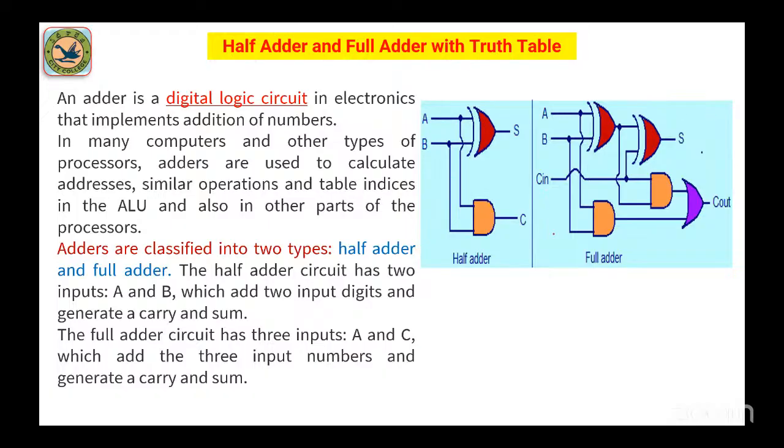Next, the half adder has only 2 inputs. Whereas if the gate is having more than 2 inputs, a full adder is needed.